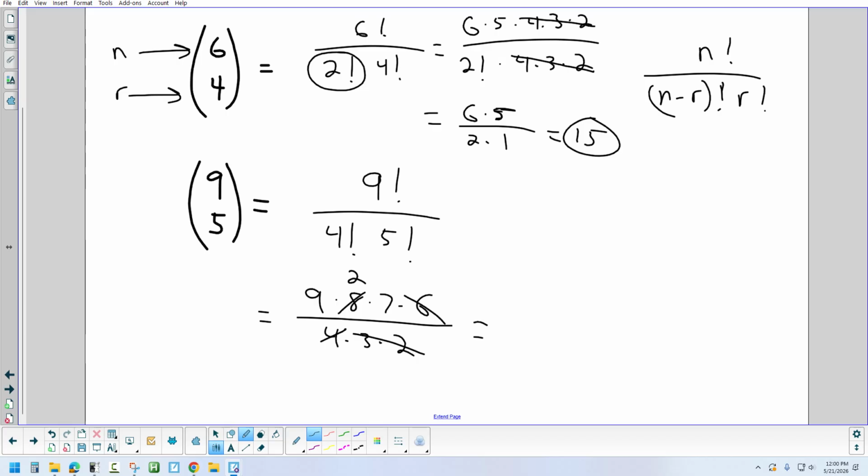Yep. 63. And then when we double 63, we get, yep, 126. So a lot of times you can do the factorial in your head, or you can do it a lot easier by reducing it. Any question on that one?